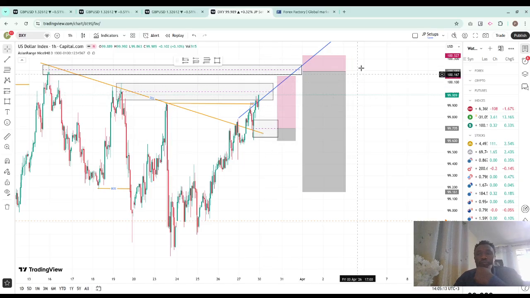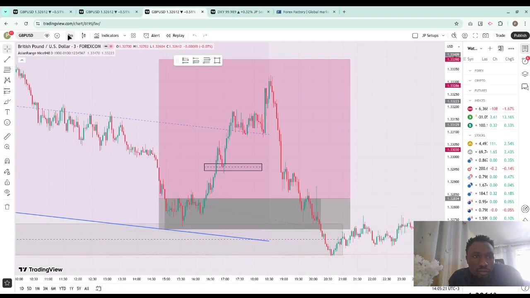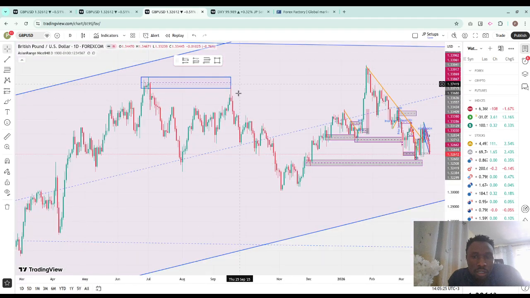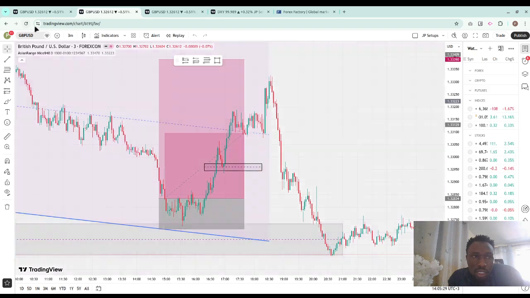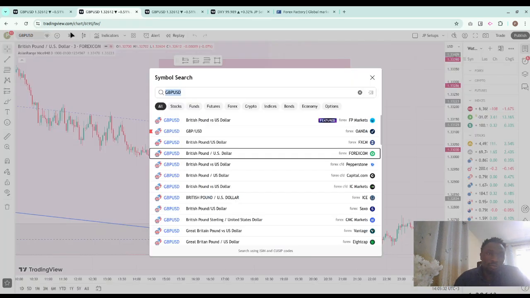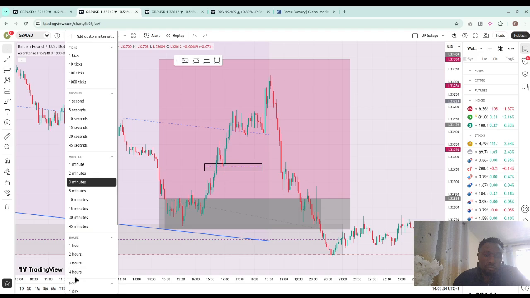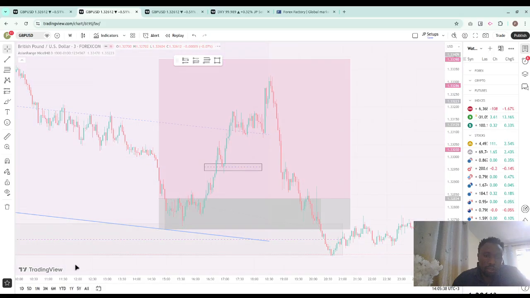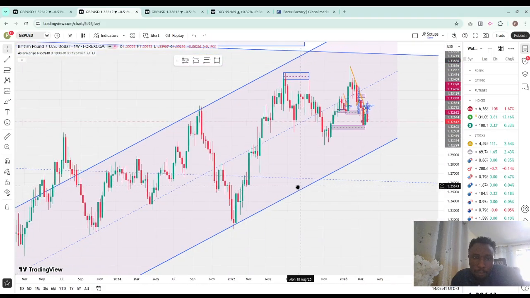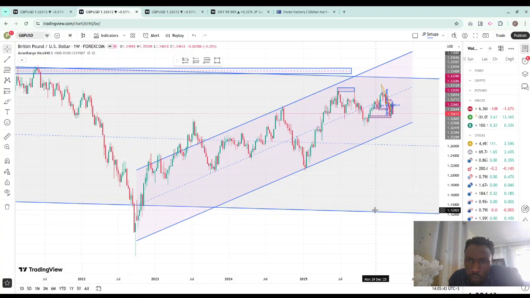Which means if we come to the GBPUSD, let's start with the weekly time frame.